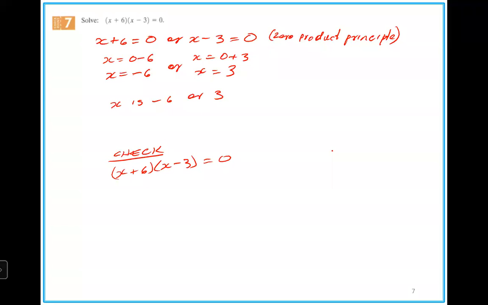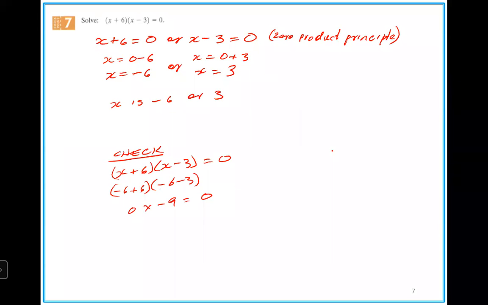So if you're using negative 6, you're going to say negative 6 plus 6 times negative 6 minus 3. Negative 6 plus 6 gives you 0. And negative 6 minus 3 gives you negative 9. So 0 times negative 9 is equal to 0. Okay, so that works out.